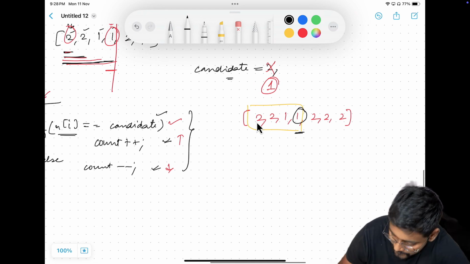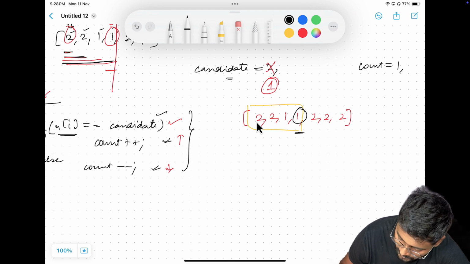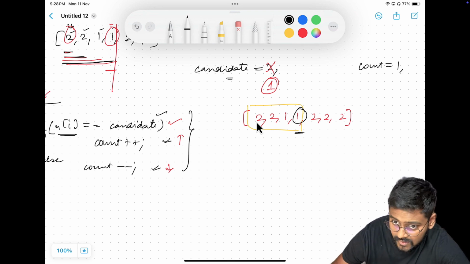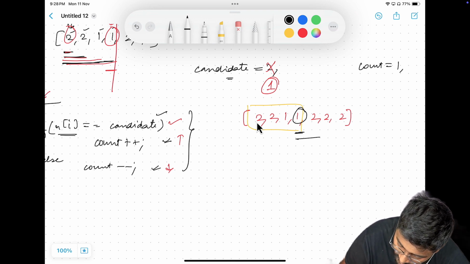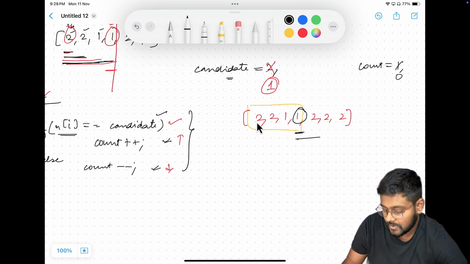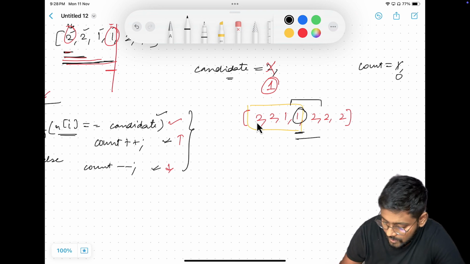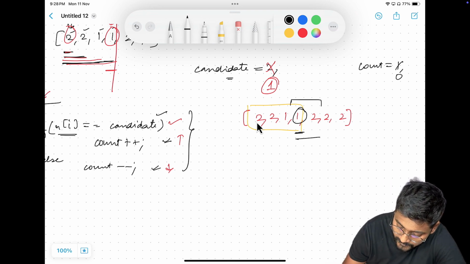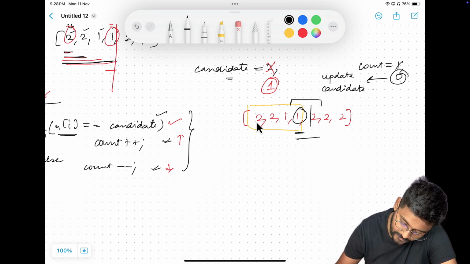For this subarray, the count is 1, that is greater than 0, and that is fine. And till this moment, for this subarray, the count has become 0. It means this candidate is not the majority element in this subarray. So we will do the same thing: we will update our candidate. Again, I have updated my candidate to 2.